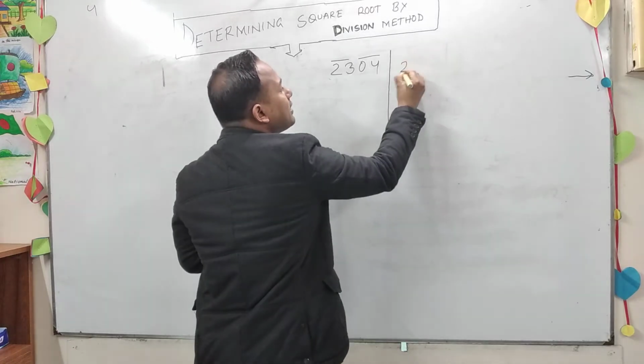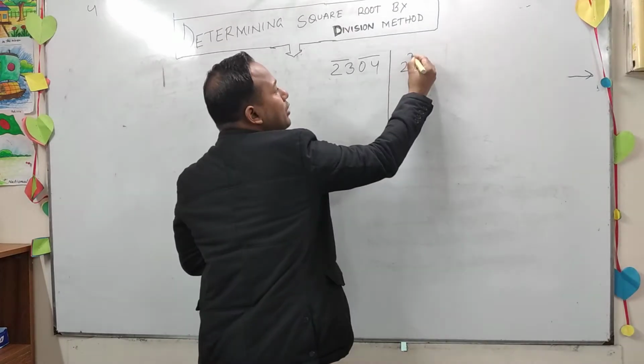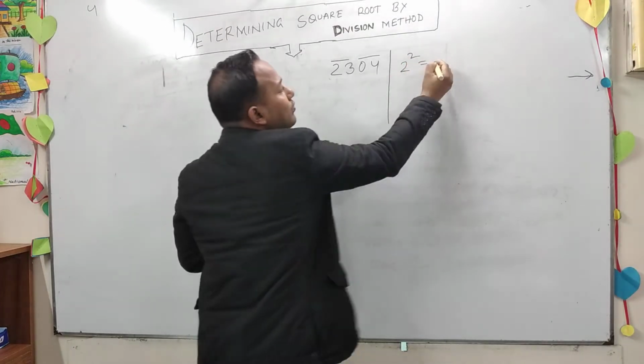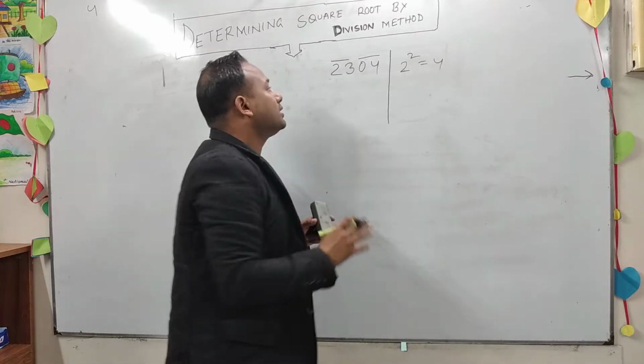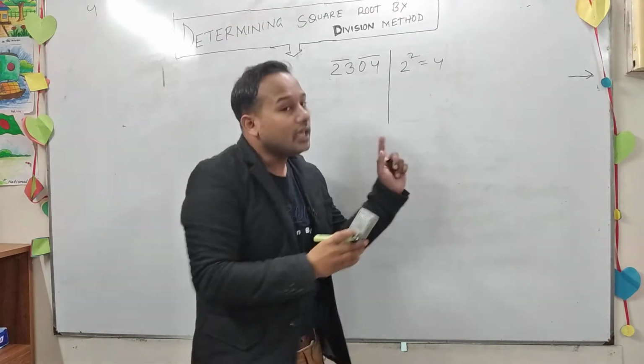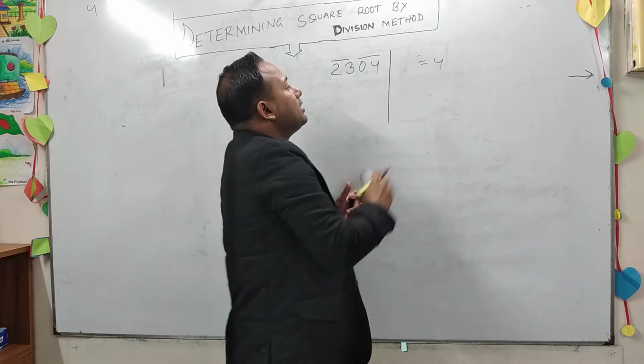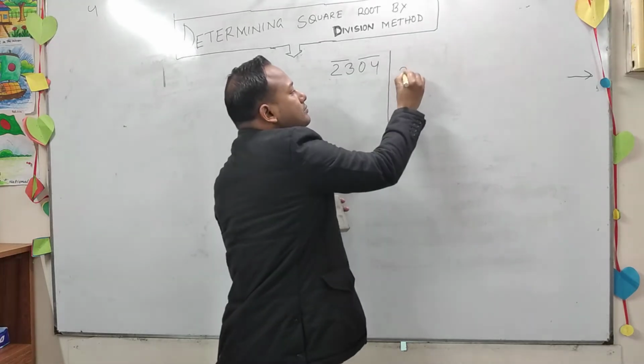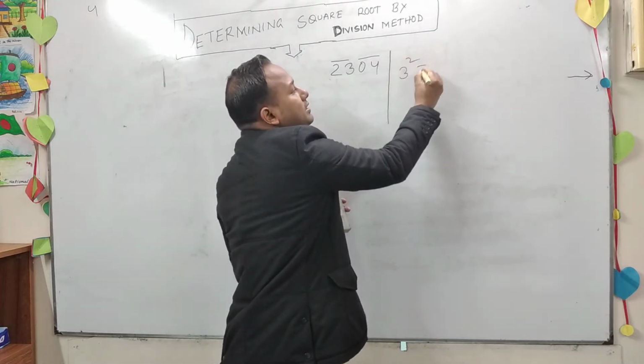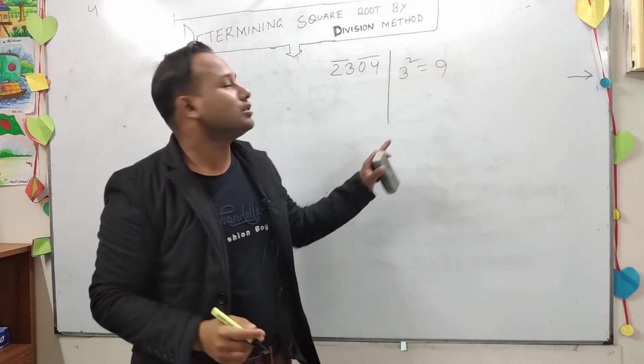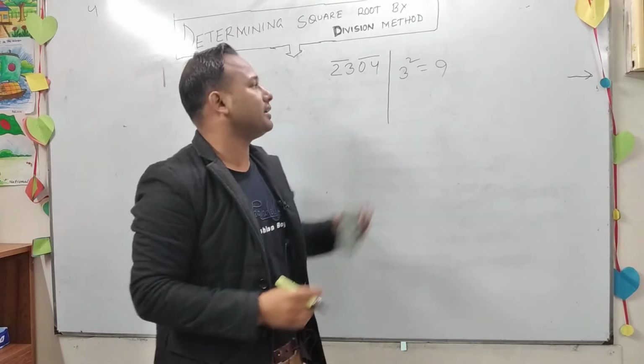Now if you take 2 and square it, 2 square equals 4. That is not even close to 23. If you take 3 and square it, 3 square equals 9. That is not even close to 23.